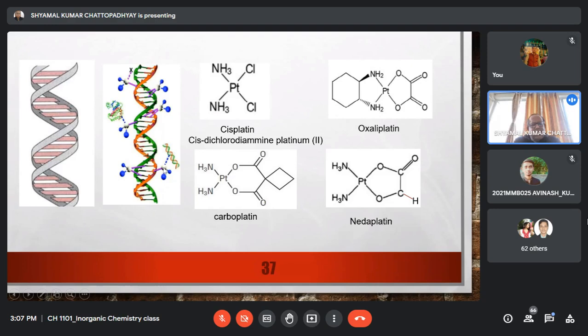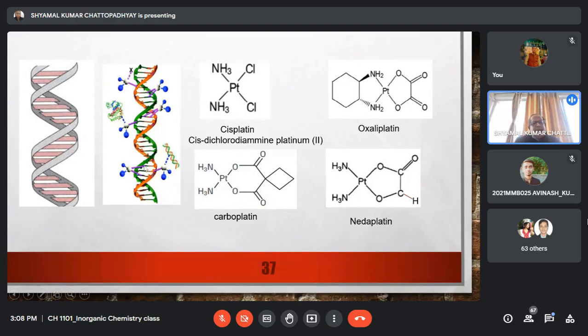One coordination site is occupied by this double helix, and another coordination site is occupied by another double helix. So it is a cross-linking between two DNA double helices. Here it is cross-linking between one double helix and one protein. Here it is cross-linking between two DNA double helices.